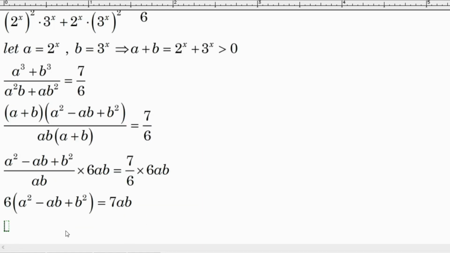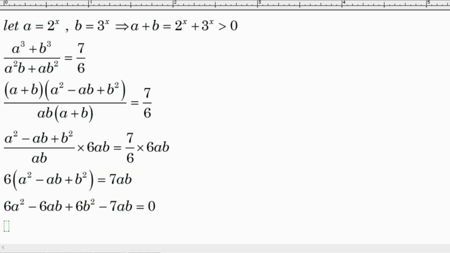Alright, so now let's expand this factor. We get 6a squared minus 6ab plus 6b squared. Okay, and then we can move 7ab to the left hand side of the equation, so that will be minus 7ab, then equal to 0.